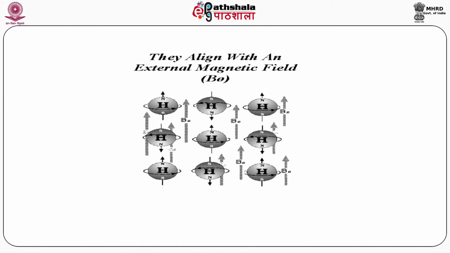On the other hand, those nuclei aligned anti-parallel to the main magnetic field are said to be in the high energy state. Slightly more nuclei are aligned parallel to the main magnetic field than anti-parallel.